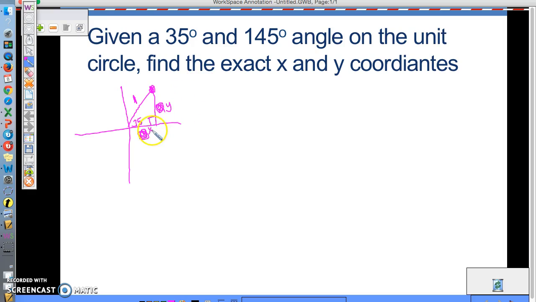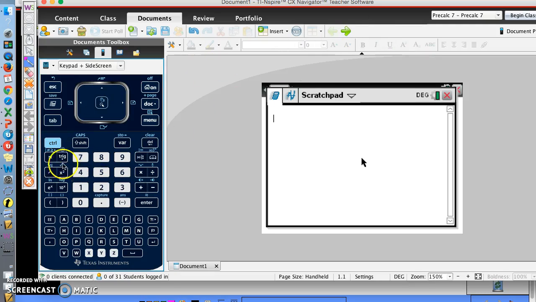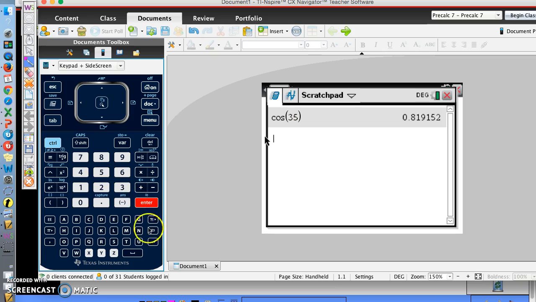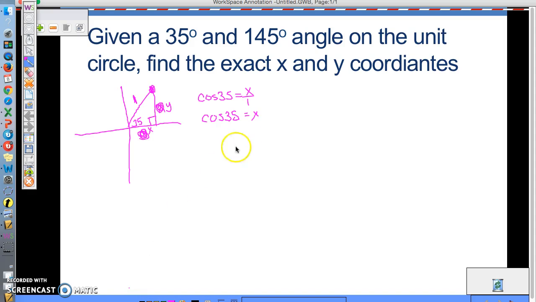So if we were to find x, that's adjacent over hypotenuse. So the cosine of 35 equals x over 1. Well, that's just the cosine of 35 equals x. And then we can go to your calculator, make sure it's in degrees. Cosine of 35, so 0.82. So x equals 0.82.